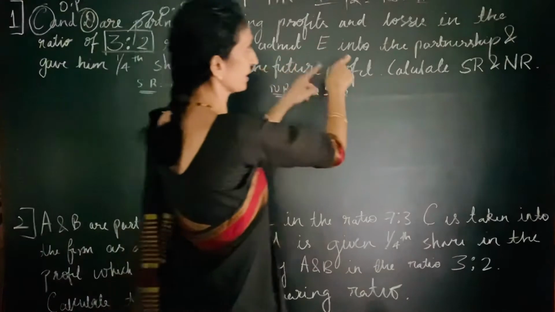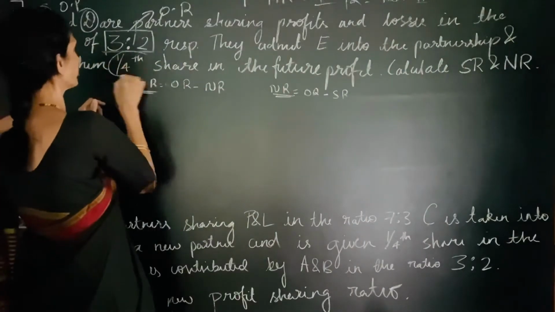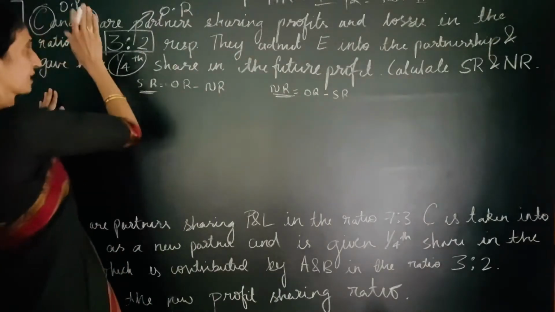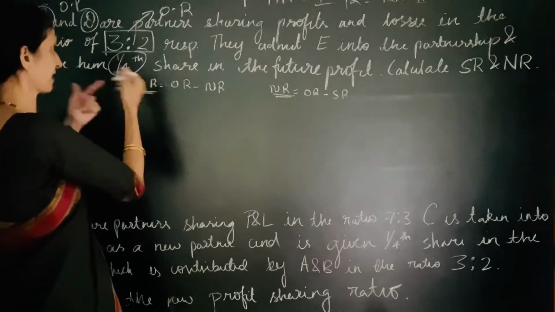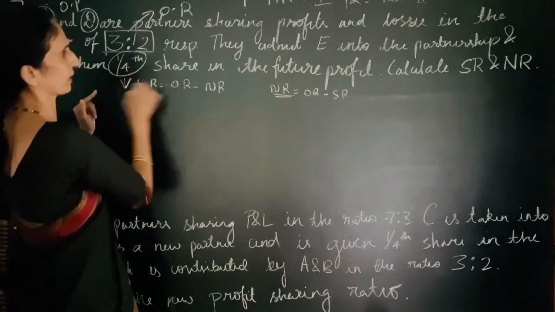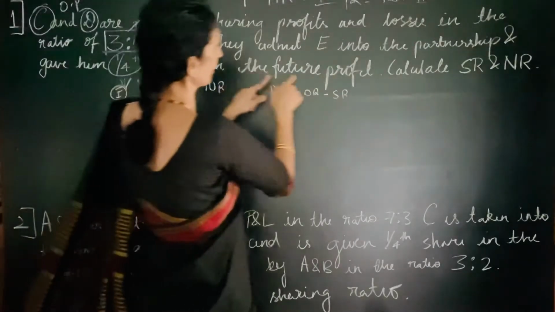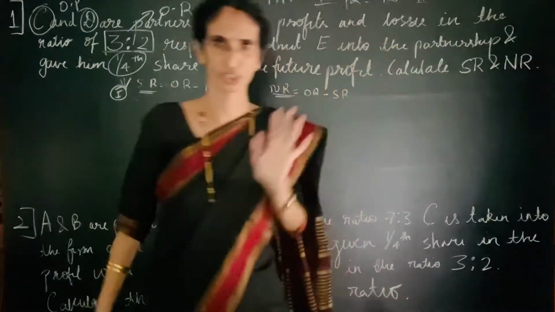They admit E into partnership and give him 1/4 share. It is important: here C and D combinedly give the share, or sacrifice the share, to the new partner, that is E, in the future profit. Calculate the sacrifice ratio and new ratio.